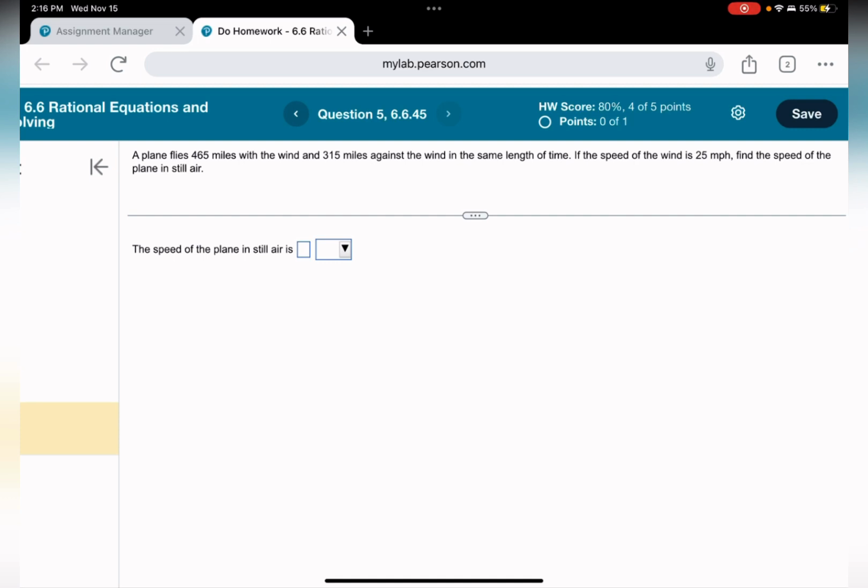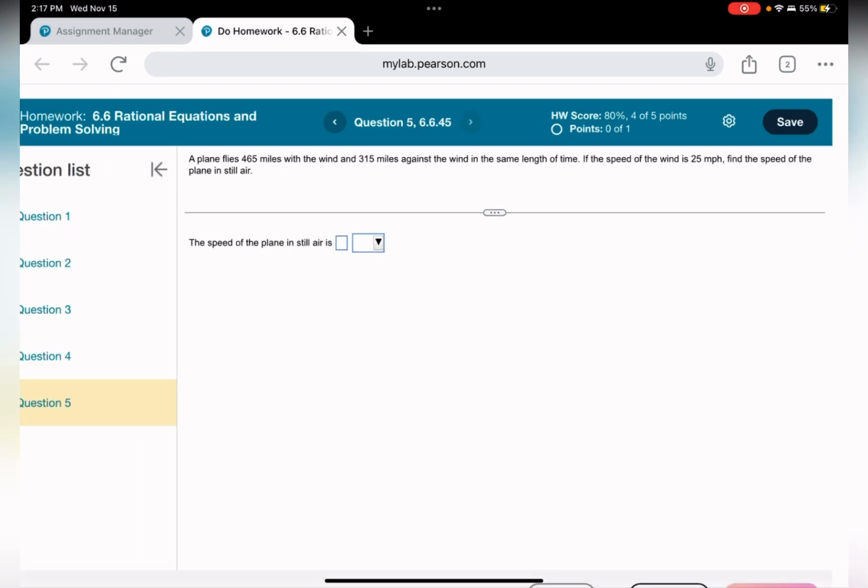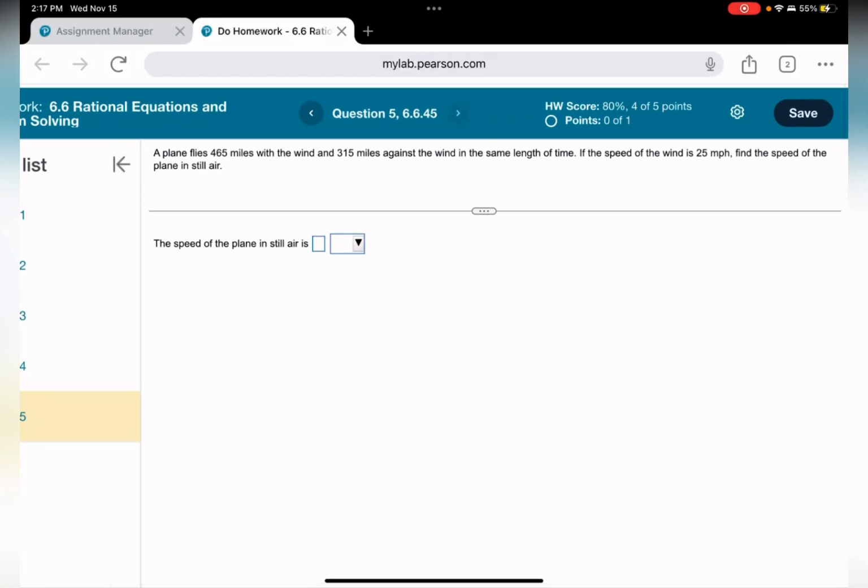If it goes with the wind, it's going to be 465 divided by x plus 25, right? And equal to 315 over x minus 25 because it goes against the wind. So the wind is going to cause the problem. All right, and you will get the answer. Okay, dokie. See you in the next video.